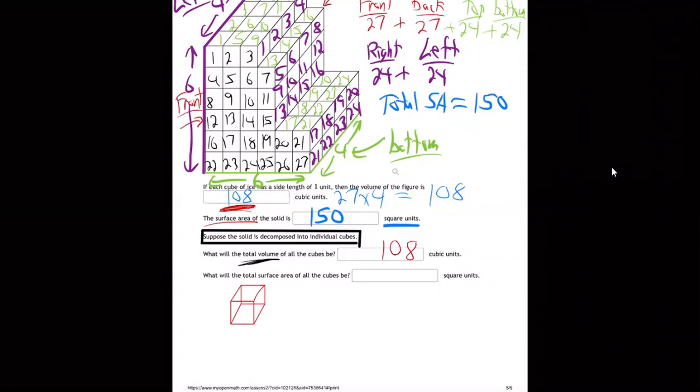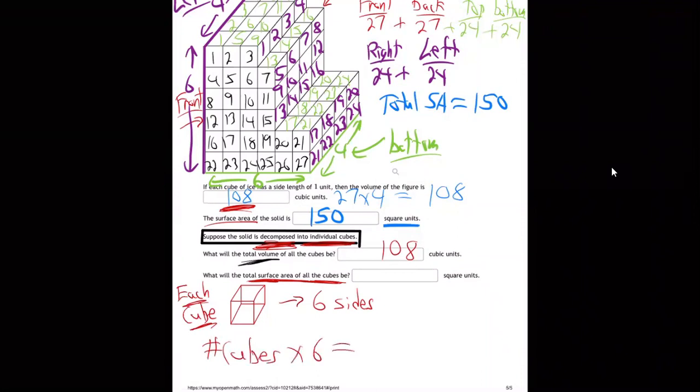How many sides does that have? 6, right? 6 sides. Each cube has 6 sides. So if you're going to decompose them into individual cubes and you want to know the total surface area of all the cubes, well, it's going to be the number of cubes times 6, isn't it?